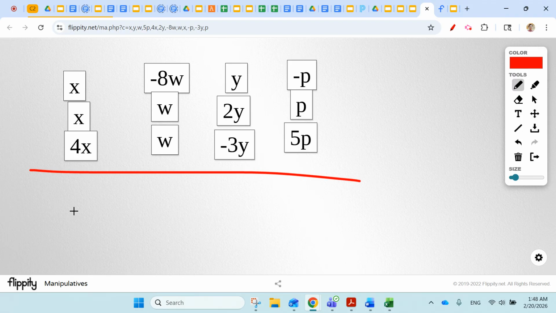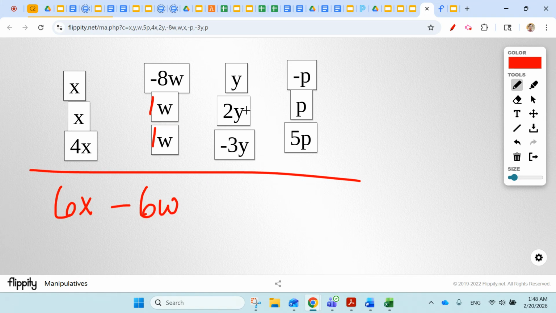So if we have x and 4x, we have 5x's. And negative 8 plus 1 plus 1, oh, it's actually going to be negative, so I'm going to do minus. So negative 8 plus 1 plus 1 is negative 6w. And take a look at this. This is 1y plus 2y minus 3y. That's going to cancel itself out. Same for these p's right here.